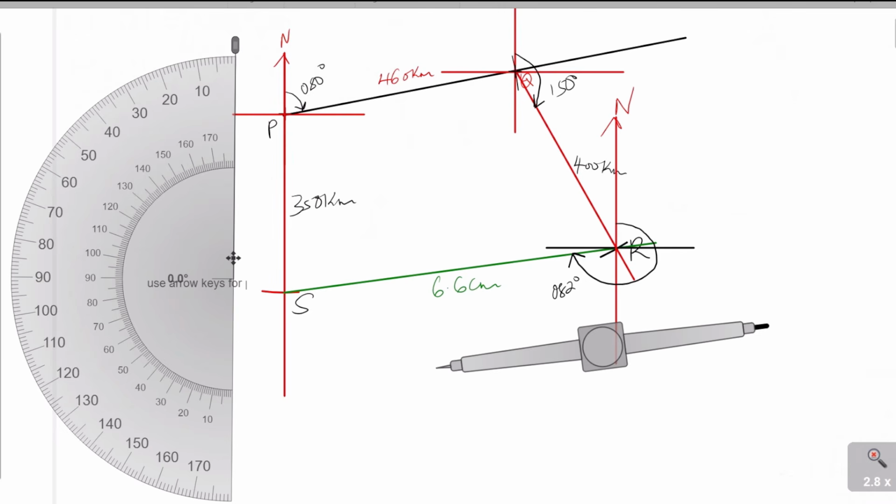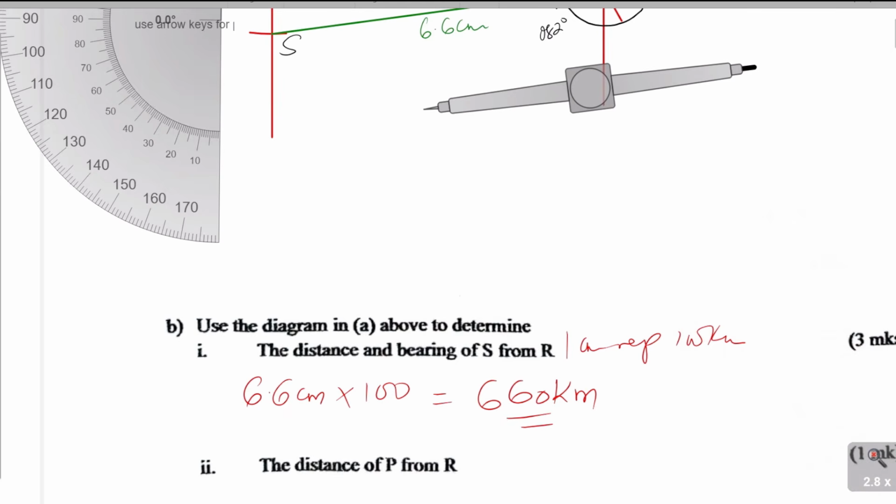Therefore, you get the whole of this angle, which is 180 plus 82, to get the solution. So 180 plus 82 degrees will give the true bearing, which is 262 degrees. So that is the bearing.